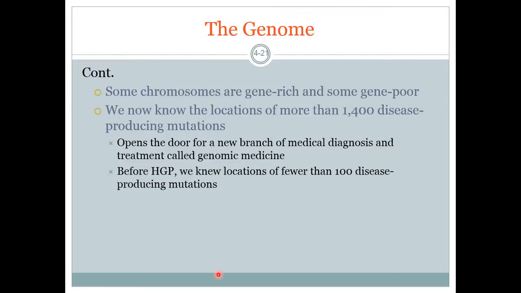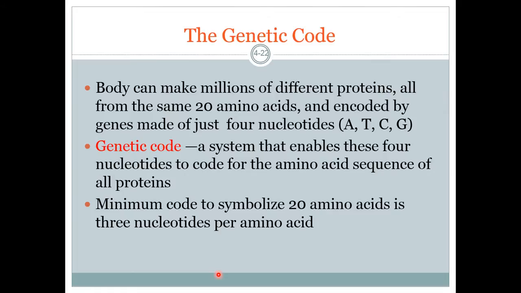Now, before this project, we knew locations of fewer than 100 disease-producing mutations. So this project has opened the eyes of many scientists, and of course, the biology scientific field.